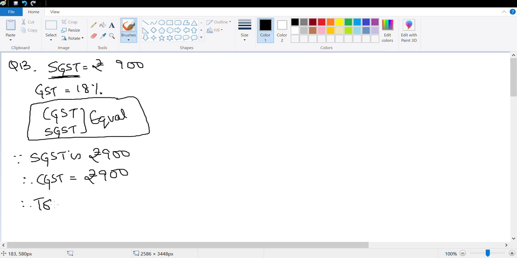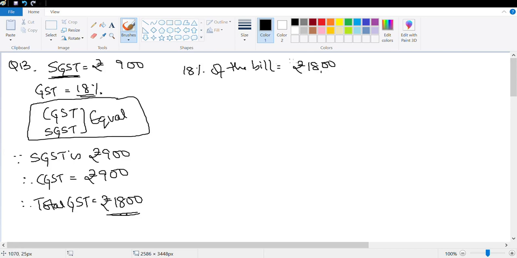Therefore total GST, which is equal to CGST plus SGST, will be equal to rupees 1800. So this person paid 1800 as GST, which is 18% of the total. So 18% of the bill is equal to rupees 1800.